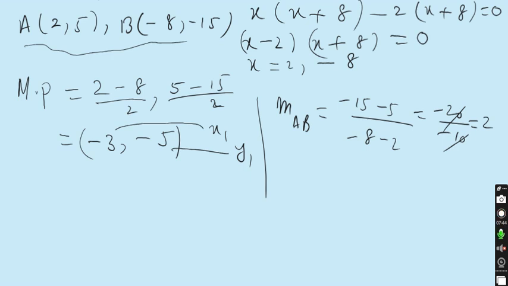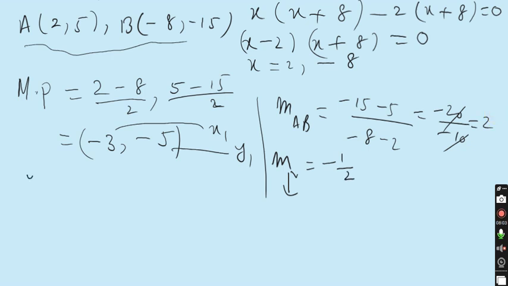But we have to find the gradient of the perpendicular line. So the gradient of the perpendicular line, this is the symbol of perpendicular, is the negative reciprocal of the gradient of AB, that is negative 1 upon 2.